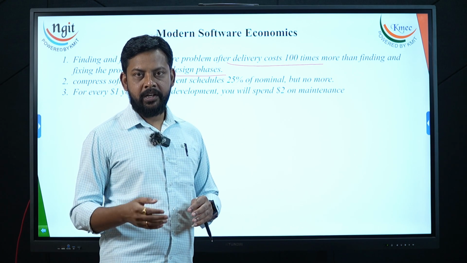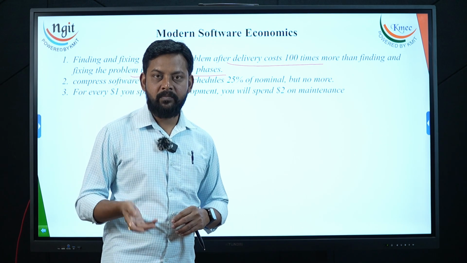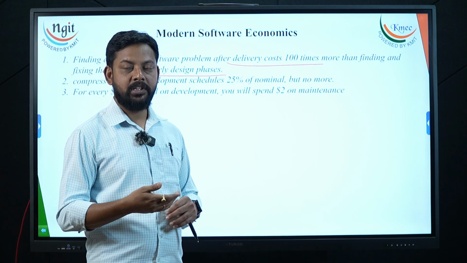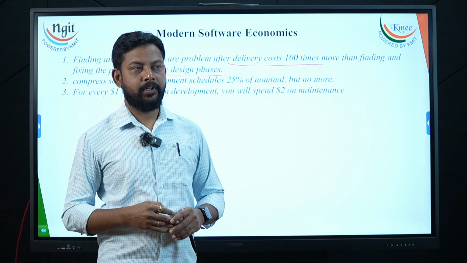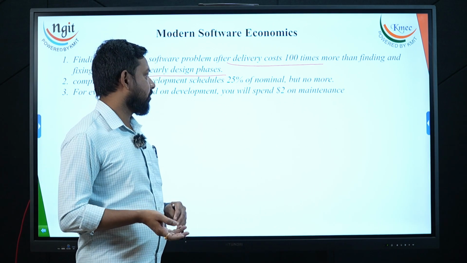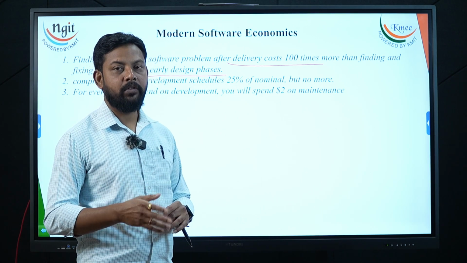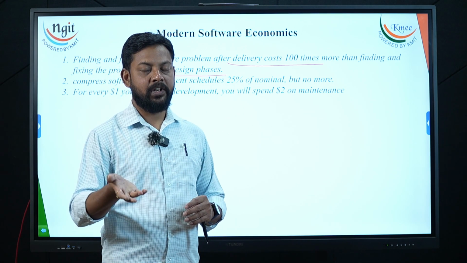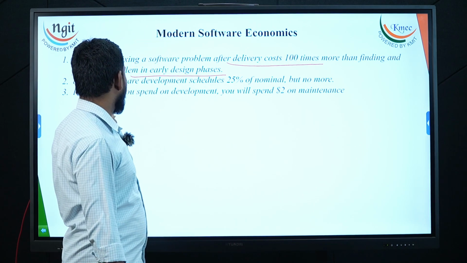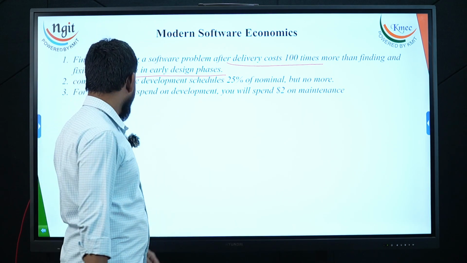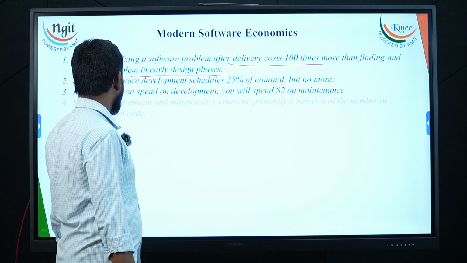There are a number of maintenance tools available, and a number of maintenance procedures and parameters that you are supposed to follow in order to maintain your software. So modern software approaches are going to vest more in maintenance when compared to development strategies. This is taken in a ratio of $1 to $2 on maintenance when compared to development.